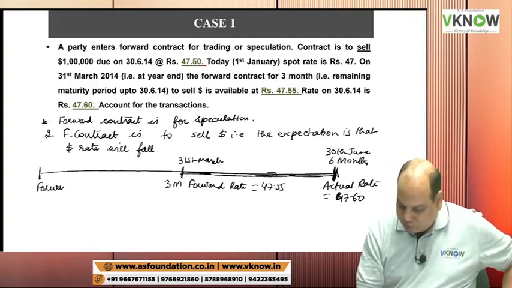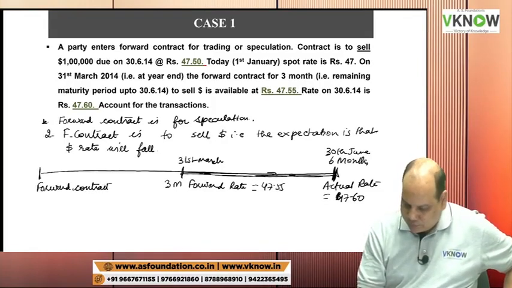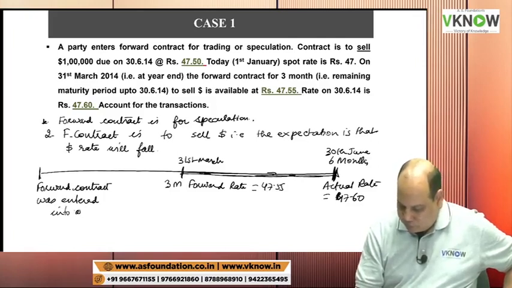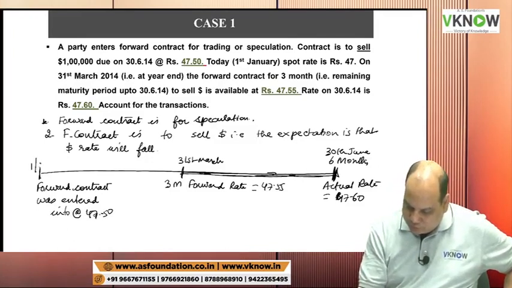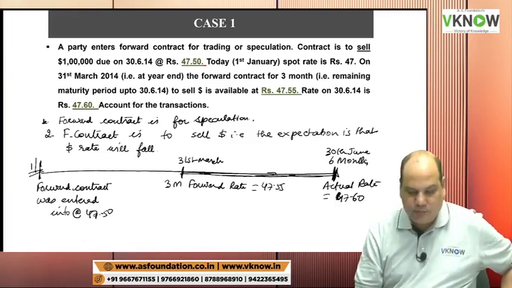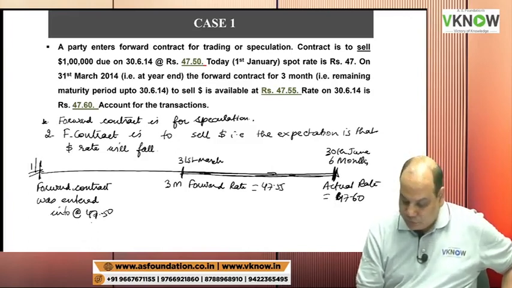Forward contract was entered into at the rate 47.50 on 1st of January. This is the timeline.